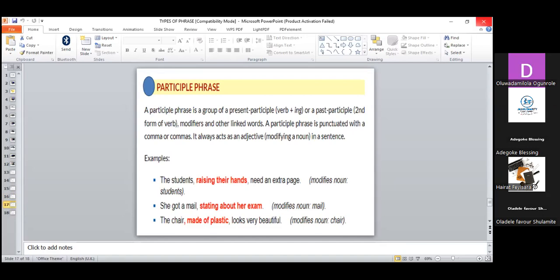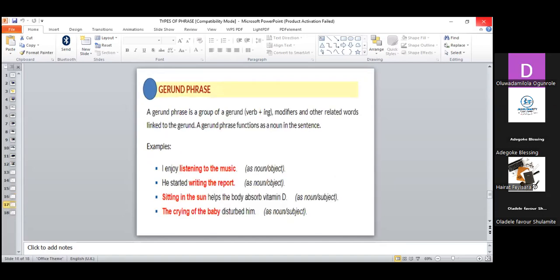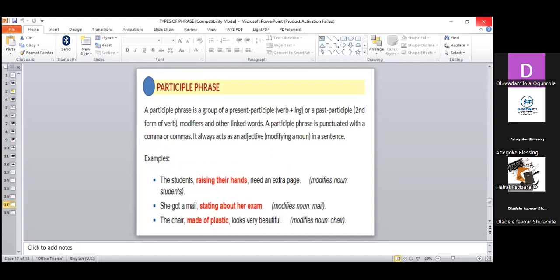So when you are using such phrases, you should know what you're using it for, either as a gerund phrase or a participle phrase. If you are using it as a gerund phrase, you put it either in the object position or the subject position. However, if you're using it as a participle phrase, you have to use it to modify or give more information about the noun.